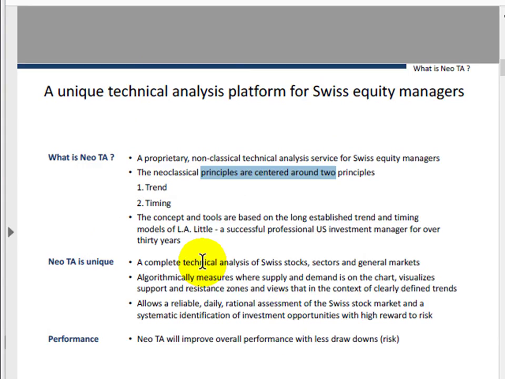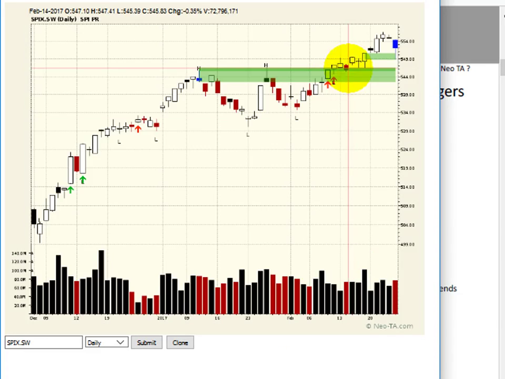So it's a complete technical analysis of the Swiss sectors, the stocks, and the general market, and it algorithmically measures supply and demand as you see it and visualizes it on the chart with these support and resistance zones. That's what you see with these green areas on the chart. In fact, it highlights those areas that are stronger, shall we say.